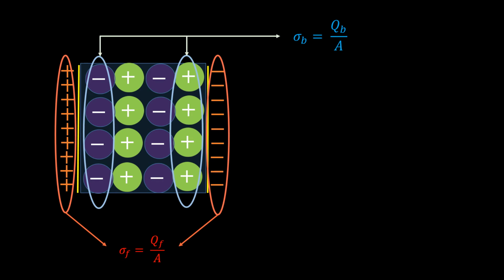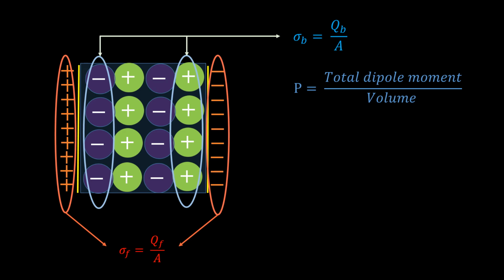Now we know that polarization is defined as total dipole moment per unit volume, and polarization is the phenomenon taking place in the dielectric. So the separation of charge, the induced dipole moment, is the polarization phenomenon. And how much is the total polarization? For that, we need to know the total dipole moment. How do we define dipole moment?